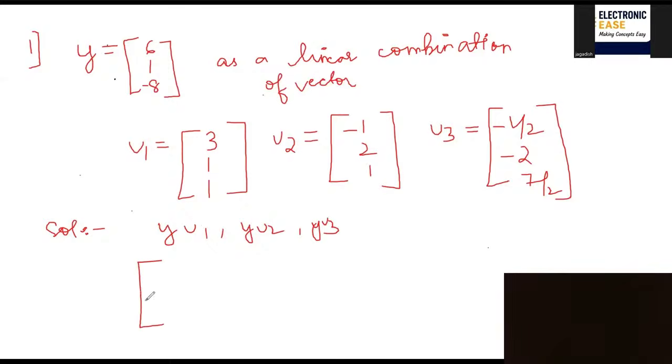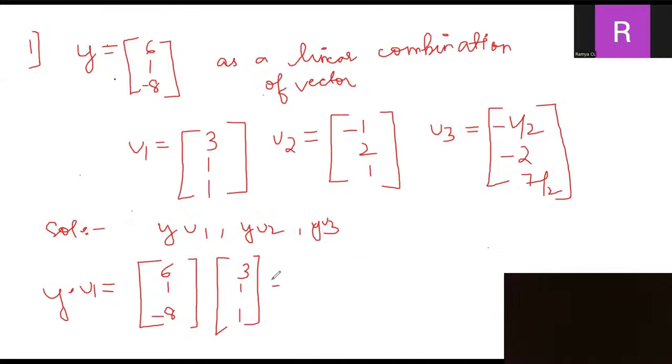So y into u1, what will it become? Tell me, children. Along with sign, you write down 6, 1, minus 8 into u1. What is u1? That is 3, 1, 1. What is 6 threes, children? 6 threes are 18. 1 ones are 1.